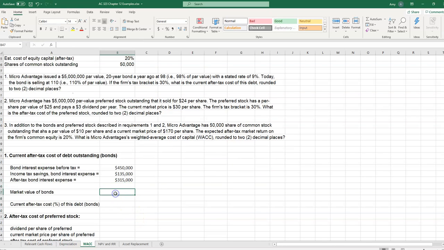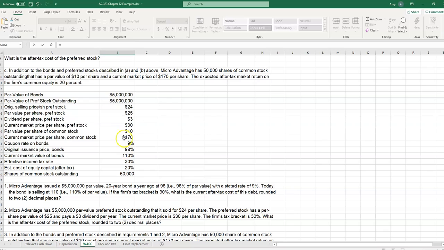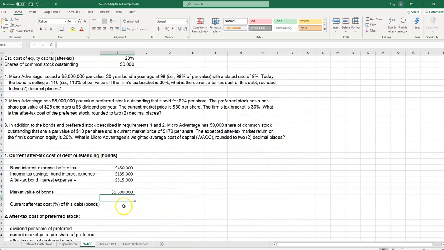Our market value of bonds is 5,000,000 times their current market value of 110%. So the current after-tax cost percent of this debt is our after-tax interest expense divided by the market value of our bonds as a percent.